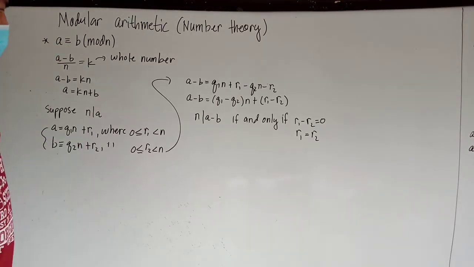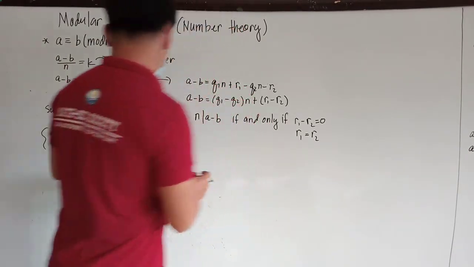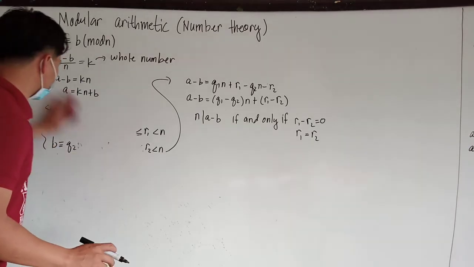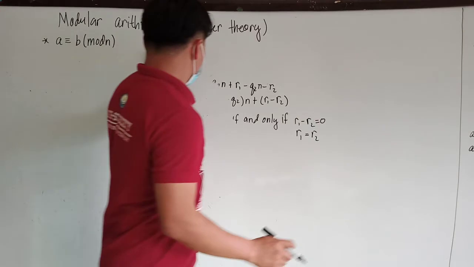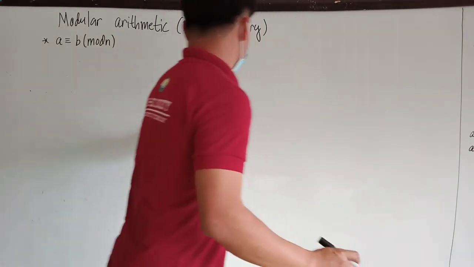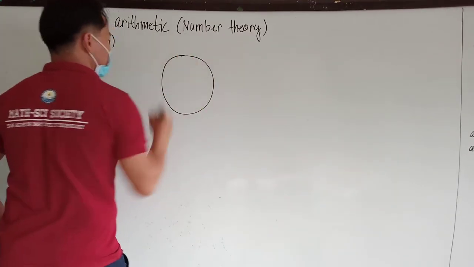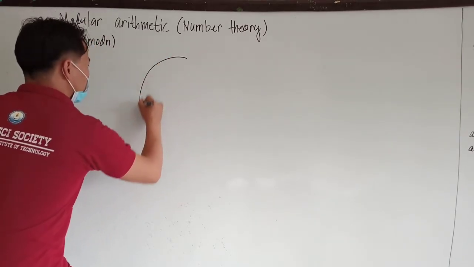Then let us now proceed to some applications of this modular arithmetic using the clock. So let me erase this portion. Okay, so let us draw a clock, a bigger one.